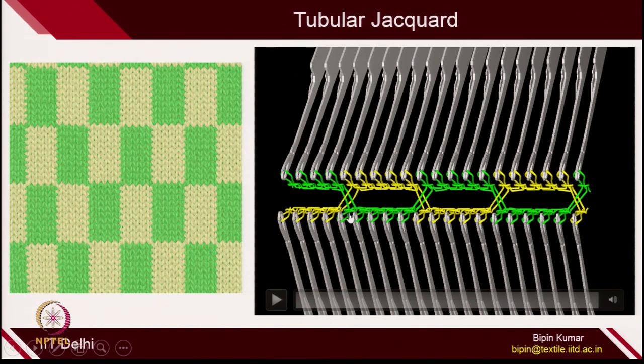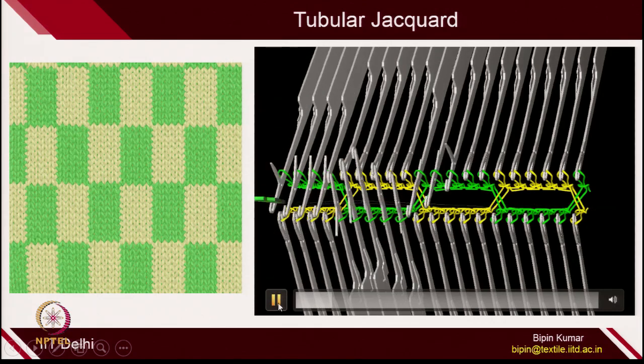So, bunch of yellow loops, then green loops, then yellow loops, then green loops, and if you reverse the fabric, look at the other side, bunch of yellow loops, then green loops, then yellow loops and then green loops. On the back of green loops, yellow loops are hidden. This is the front side of green loops, on the back of this yellow loops are visible. This is what you can see here.